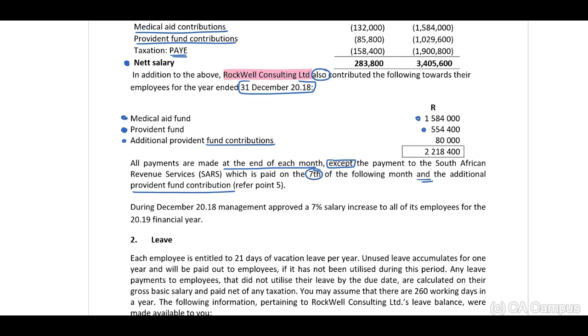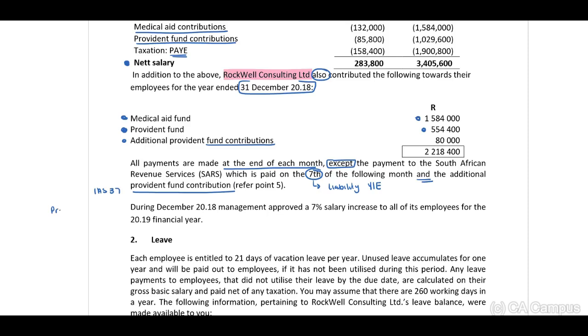Right, guys, now when you look at this, remember, pay as you earn will be paid by the 7th. Therefore, if this is paid by the 7th, this will be a liability and an accrual at year end in the records of this entity. So guys, you will also have to think about your principles of IAS 37. Why?